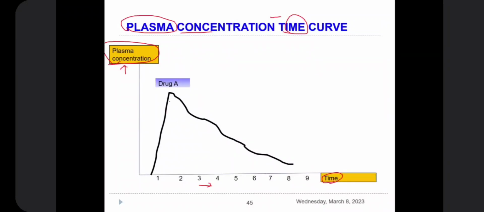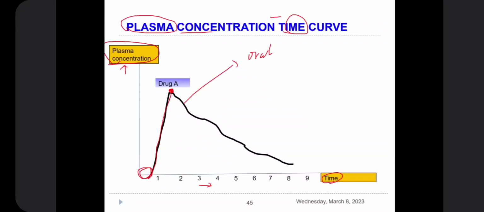And this means a drug will be given orally. So you can see, first, we can't measure any drug in the beginning because it's still in the GI tract. And from this point, we can measure the drug coming into circulation, and then it will directly increase to the peak.